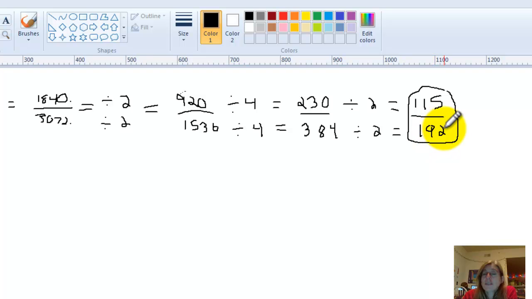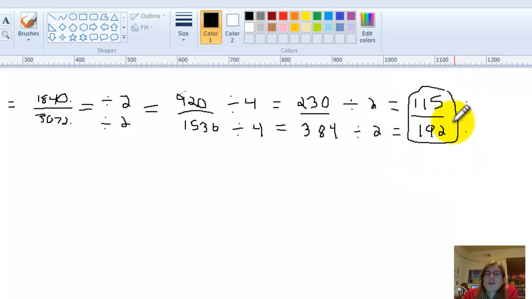The bottom number is divisible by 3, but not 9. It's even. Basically what we've come down to is there's no more ways to divide both of those numbers by the same number. You can't divide by 5 on top and then divide by 2 on the bottom. You can't do that. So this should be your final answer, 115 over 192 as a ratio.